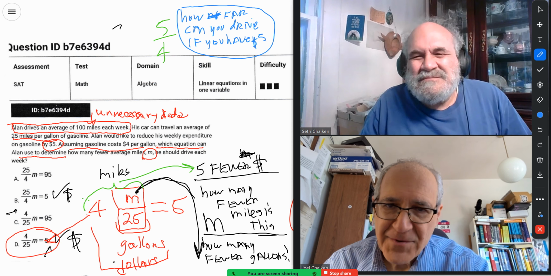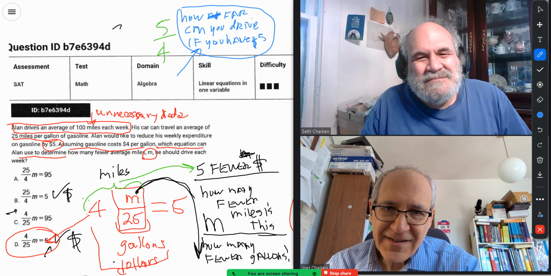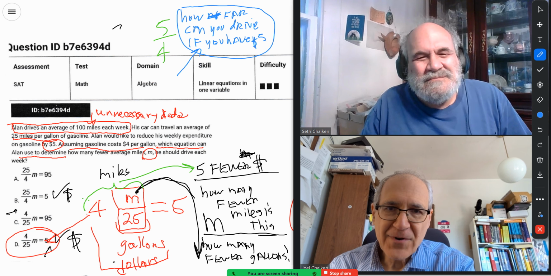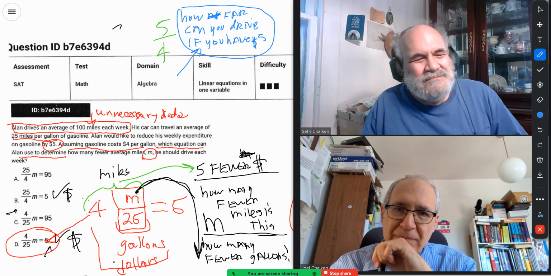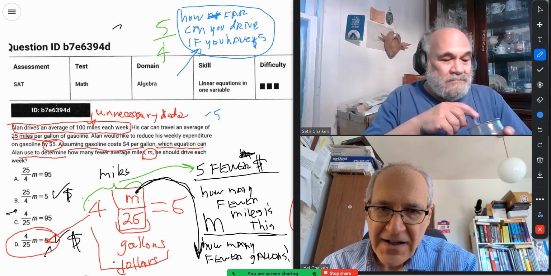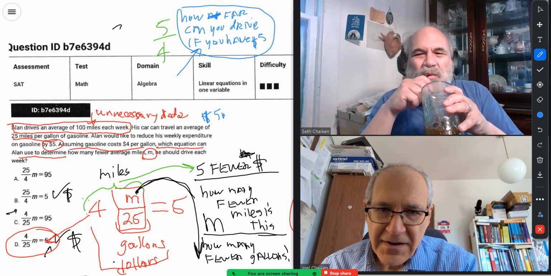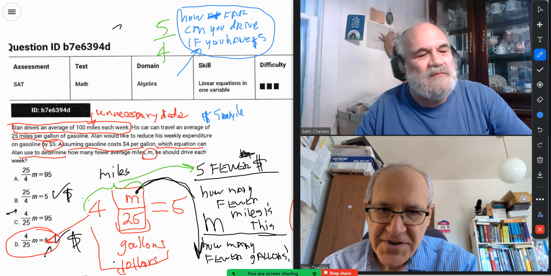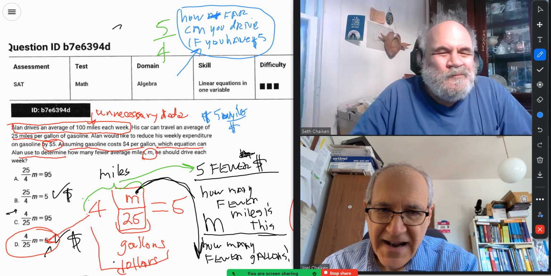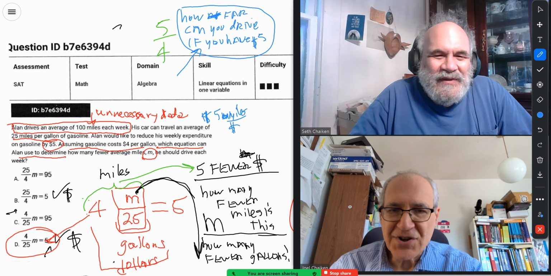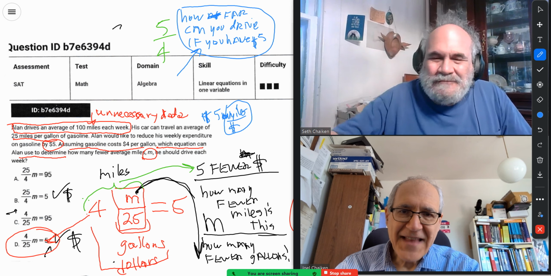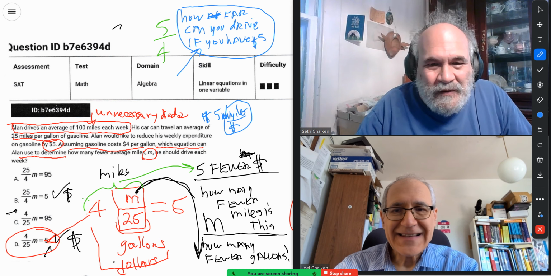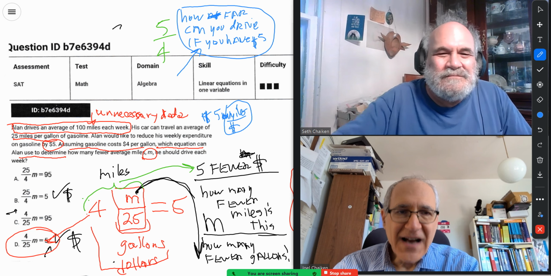If you rewrite the word problem like this, it's a little bit easier to understand what you have to know. How far can you drive if you only have $5? You need to multiply the $5 by your miles per dollar. And that'll give you how many miles you can drive for $5. So you need this ratio, miles per dollar. That would be miles per gallon divided by dollars per gallon.